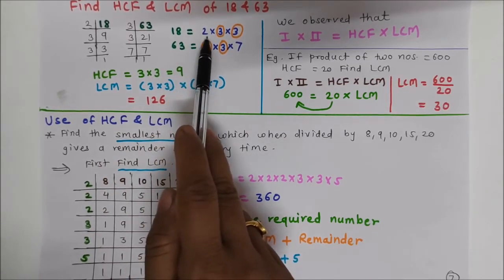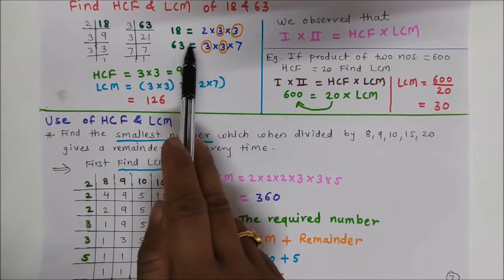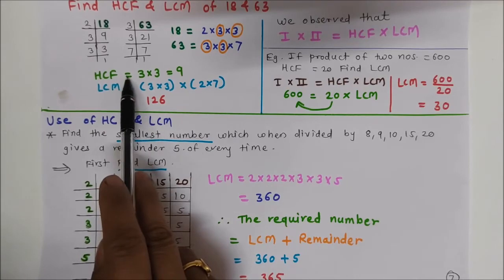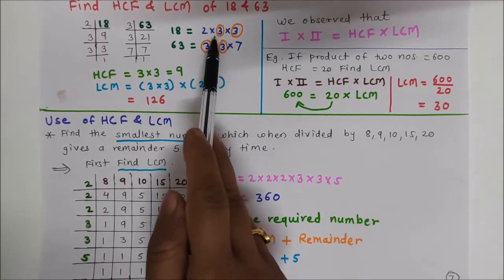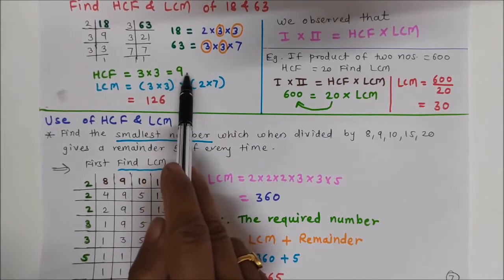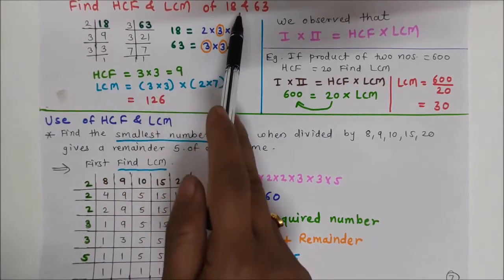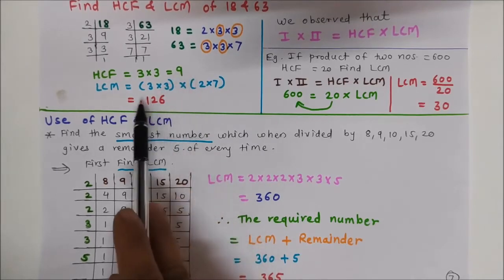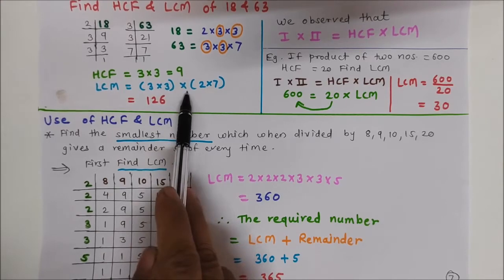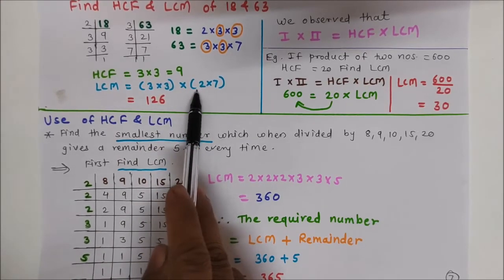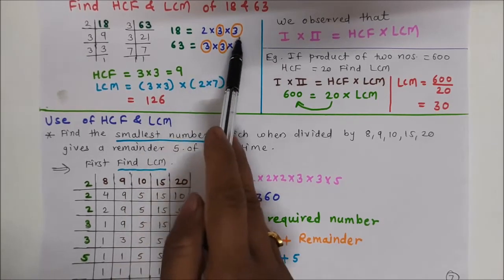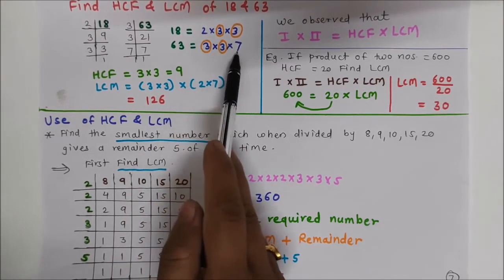Here 18 is equal to 2 into 3 into 3. 63 is equal to 3 into 3 into 7. So HCF means what? Common factors. Here the common factors are 3 into 3, which is equal to 9. So the HCF of 18 and 63 is 9. And how to find the LCM? LCM means common factors into uncommon or non-common factors. So the common factors are 3 into 3 and the uncommon factors are 2 into 7.